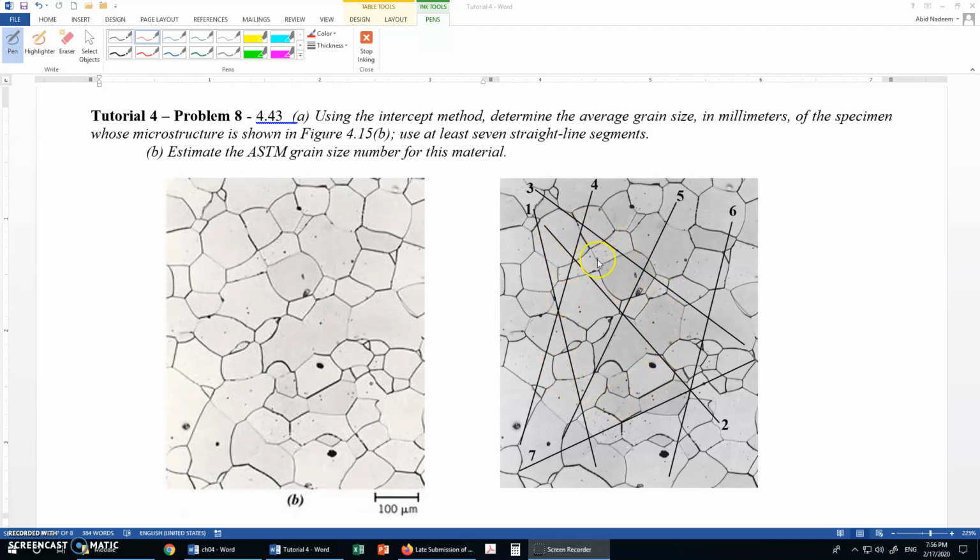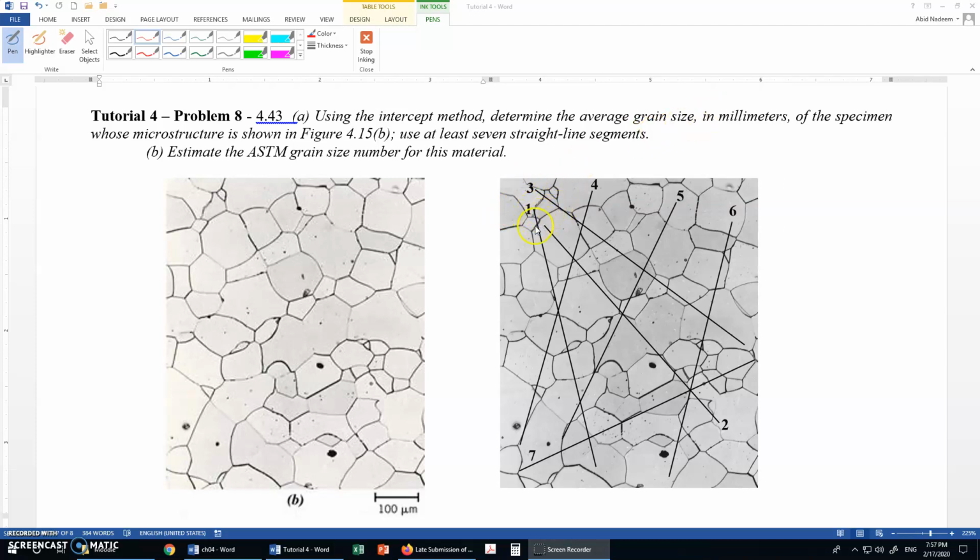The lines should not be drawn too much on one side, just random, almost uniformly distributed in different directions. As you can see, the lines have already been drawn and numbered. The next step is to count the number of intersections of these lines with the grains.